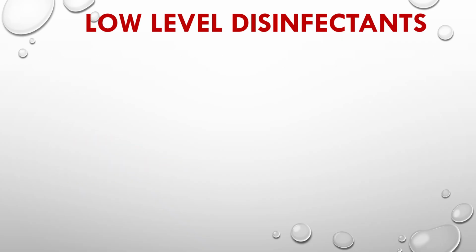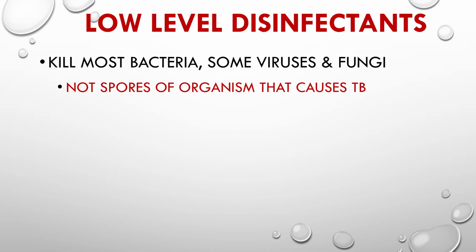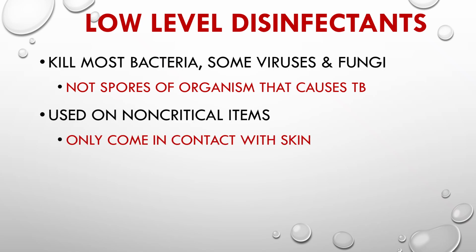So our first one, the low level disinfectants, this is going to kill most bacteria, some viruses, meaning they denature them, and some fungi. This is not going to get rid of spores or things that are more resistant, like the mycobacteria that has that waxy cell wall, and that's what causes tuberculosis. It can be used on non-critical items, so those only contacting the skin.